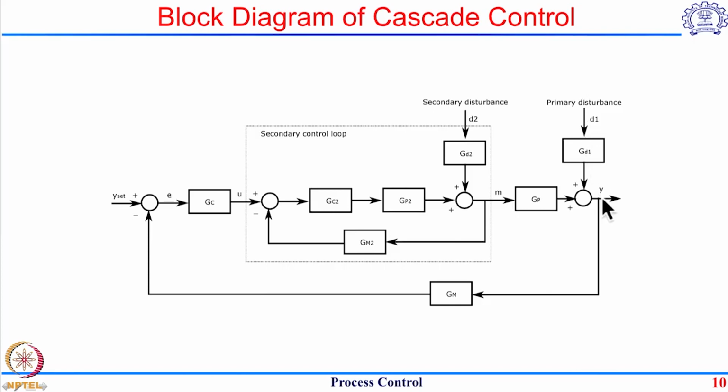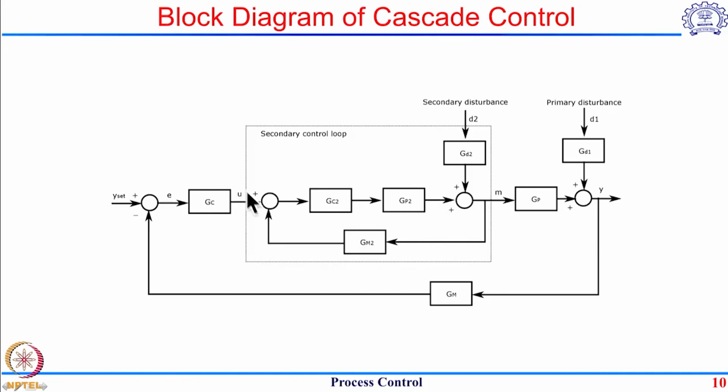Accordingly, you get the temperature outlet of the furnace, and then it gets measured through this measurement transfer function. There is a set point on this temperature, and then you have a primary controller, which is a temperature controller. The output of this temperature controller acts as a set point for the secondary flow controller. So you can see that everything inside this dotted box is a secondary control loop.